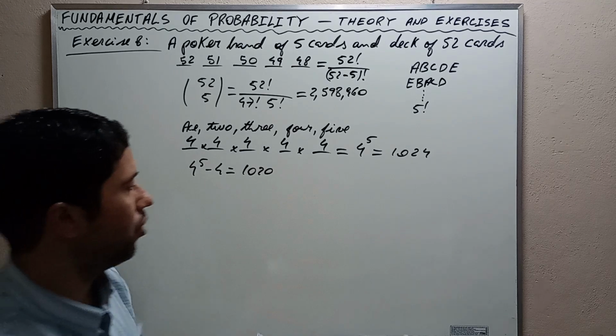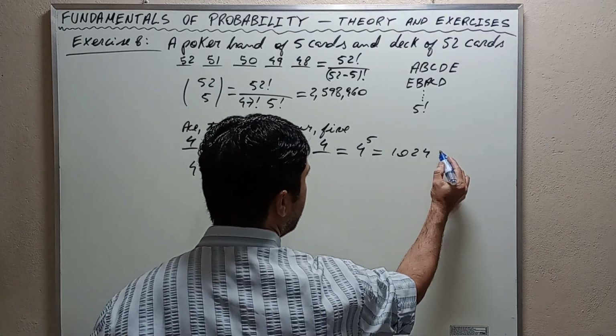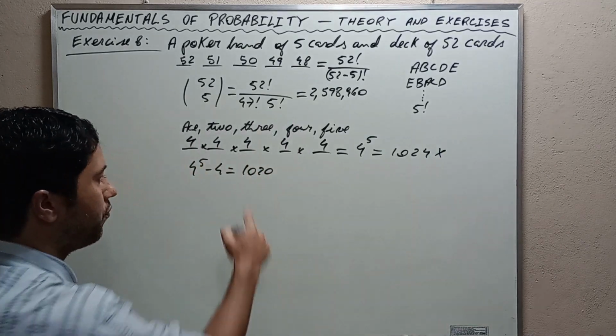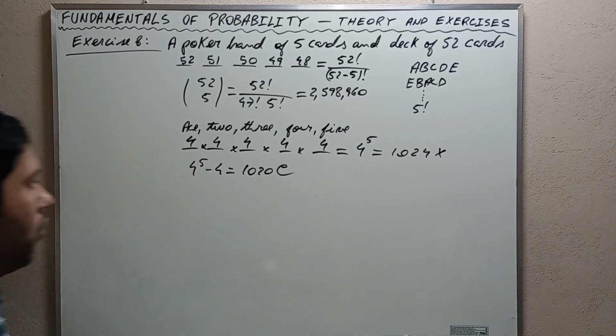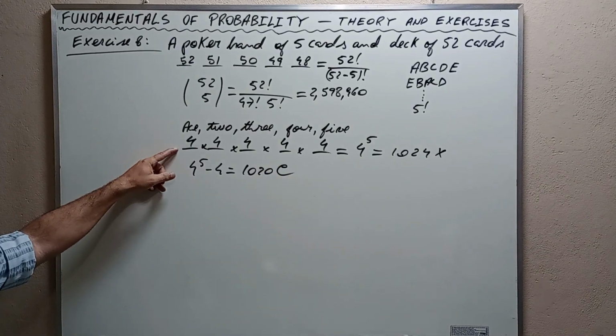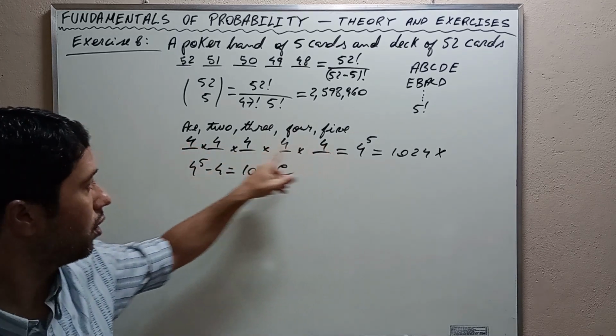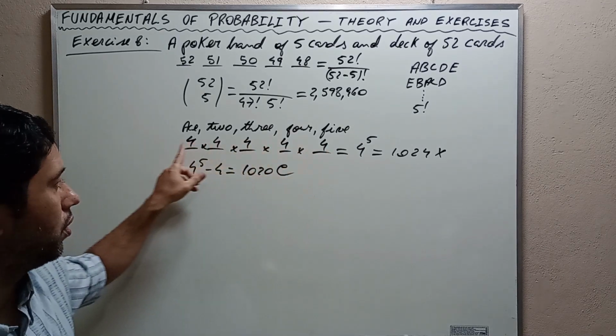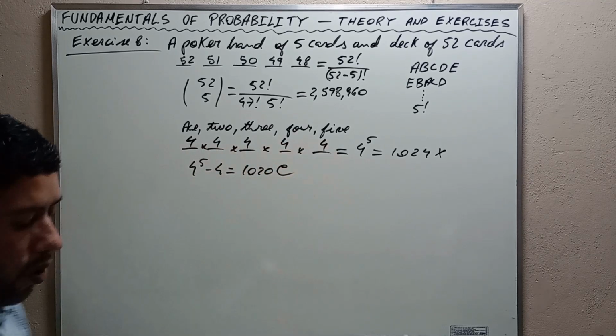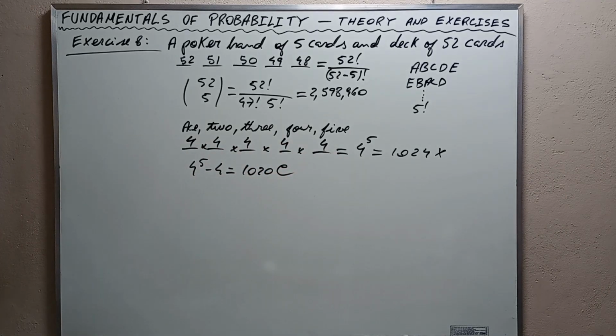Alright, so this is not what we're working with. We're working with this because we have to remove the situation in which the suit is the same for all cards, because it breaks with the definition of a straight.